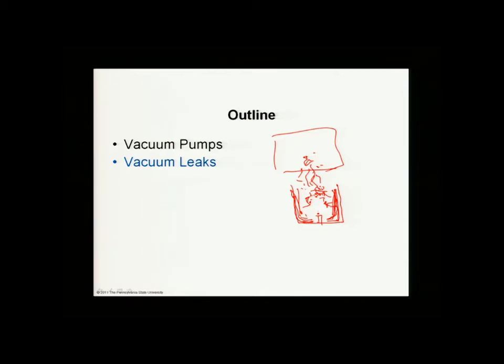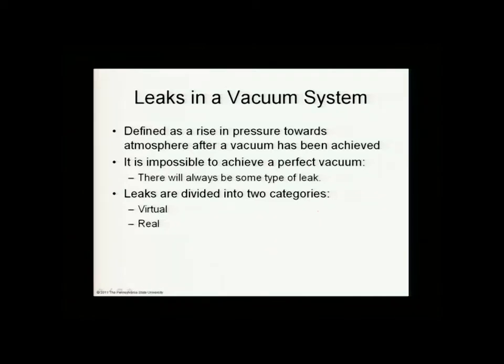So let's talk about vacuum leaks now. Vacuum leaks are defined as a rise in pressure towards atmospheric pressure after a vacuum has been achieved. So in other words, you have a vacuum chamber where you're going to do some processing, and you pump it down to a certain pressure, but then you notice the pressure isn't steady, or you notice that you can't pump it down to the pressure you normally can pump it down to.